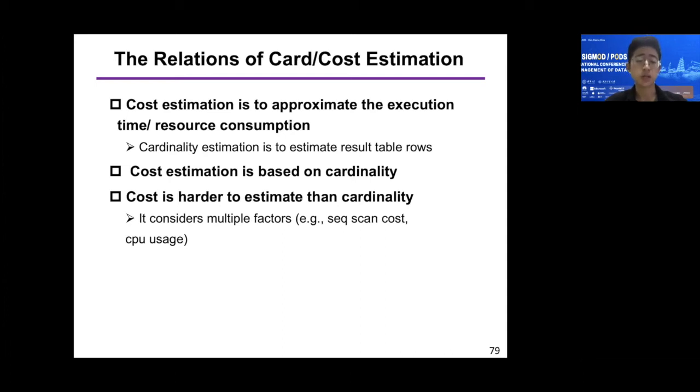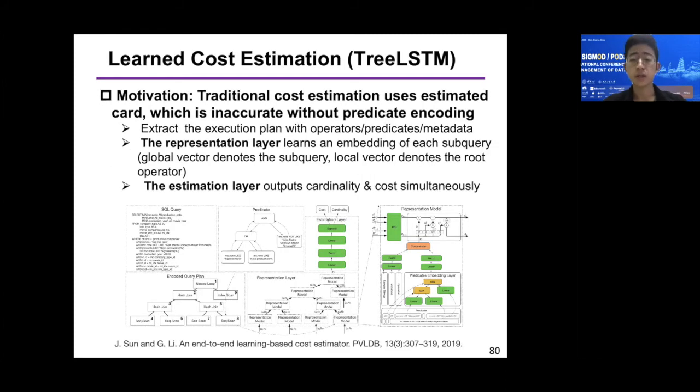And the cost is much harder to estimate than cardinality because it needs to consider multiple factors, like sequential scan costs at the physical level. So there are relatively few works in cost estimation. One work is to solve the problem in traditional cost estimation that can only use the estimated cardinality to further consider the cost, which is inaccurate without the encoding of query predicates.